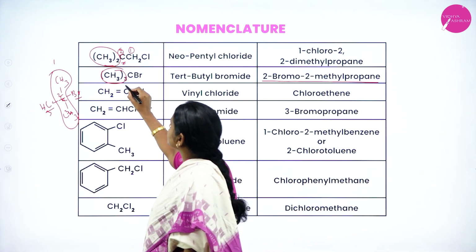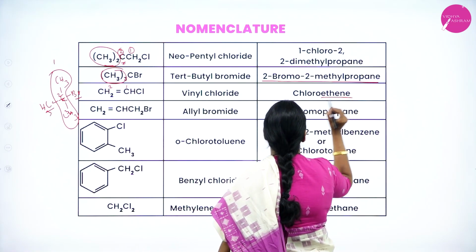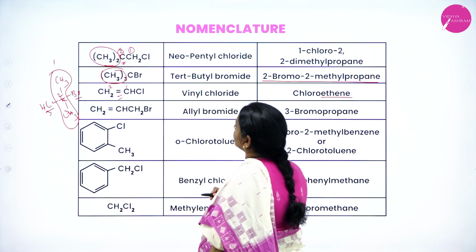Now, this is first and second carbon, 1-chloroethene. Why is it ethene? Because here it contains a double bond.